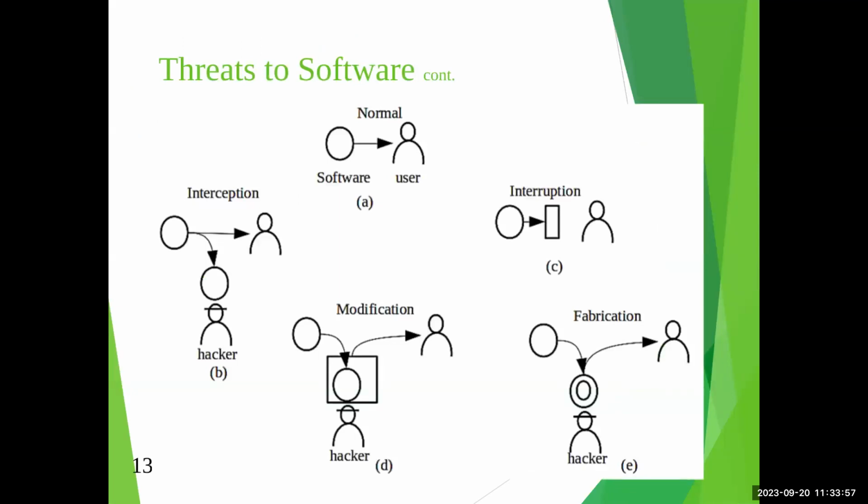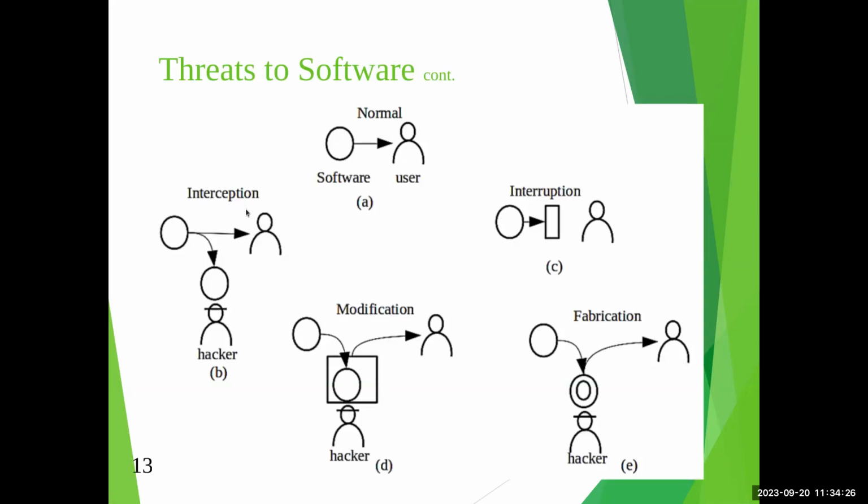First one: here there are no threats. Software is available, the user is available, and the user can access the software. That is no problem. Next, a hacker or unwanted person accesses this software, and the user can also access it.